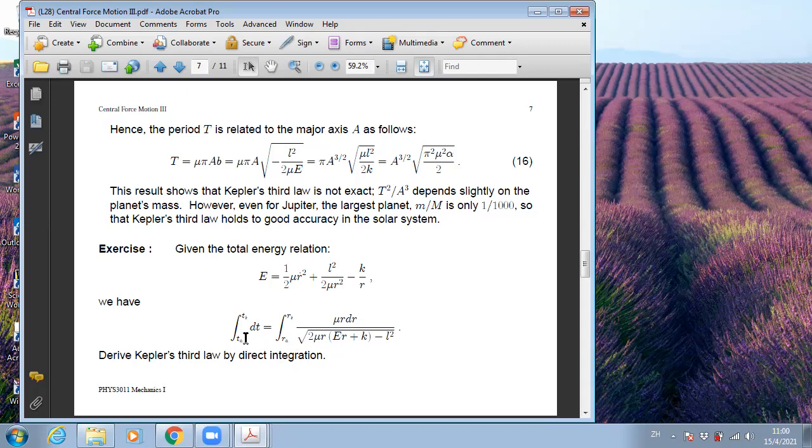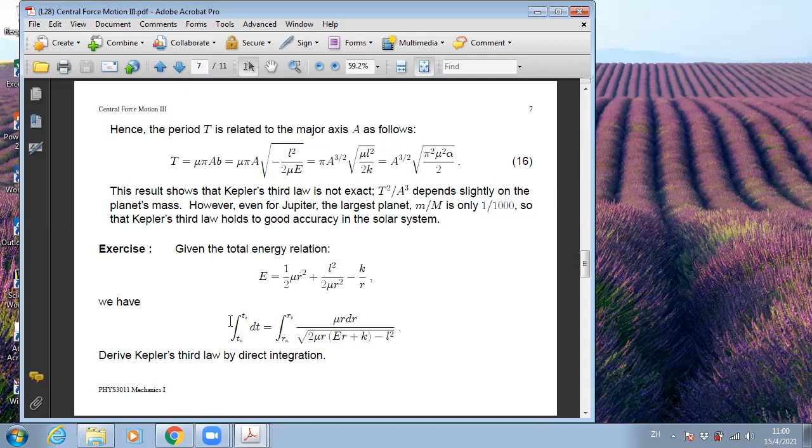A simple choice of the limits is obviously as follows. The lower limit, the shortest distance from one of the focus. The upper limit, the longest distance from that focus as well, right?